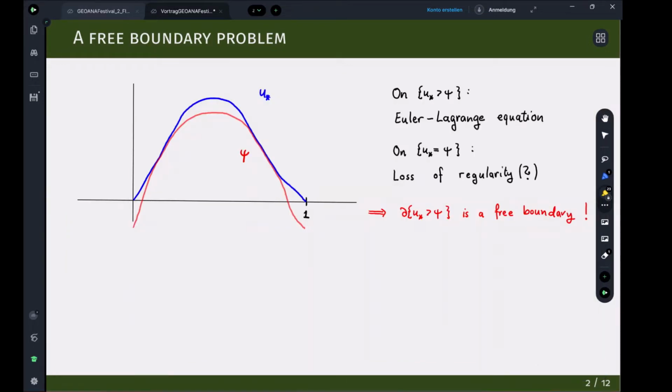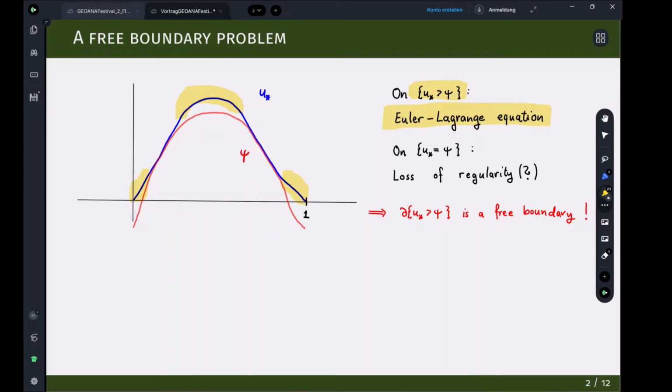The question is, of course, how to describe the minimizer, and the answer is a little involved already, because whenever a minimizer is above the obstacle, as you can see here in the yellow regions, that can happen, then every perturbation of this minimizer is possible so that it stays admissible, and therefore on those sets where a minimizer strictly exceeds the obstacle, you can describe the minimizer with an Euler-Lagrange equation.